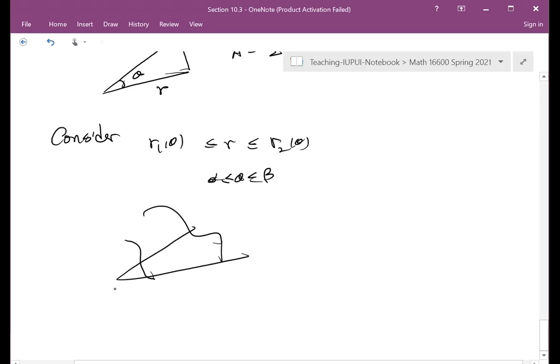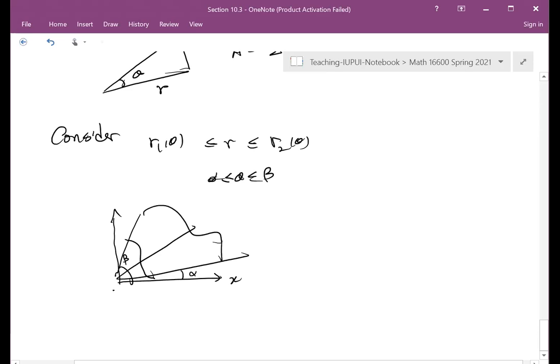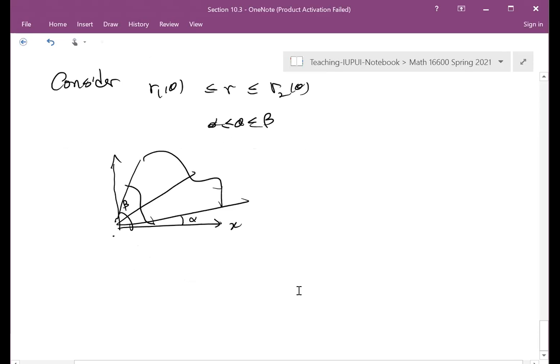For the same curve, this is alpha, that is beta. So we want to find the formula for this area.